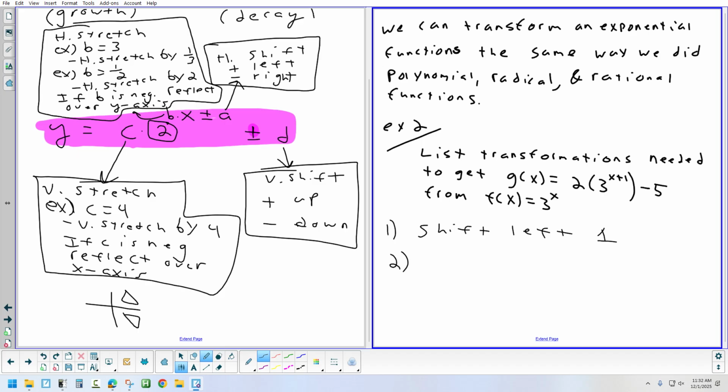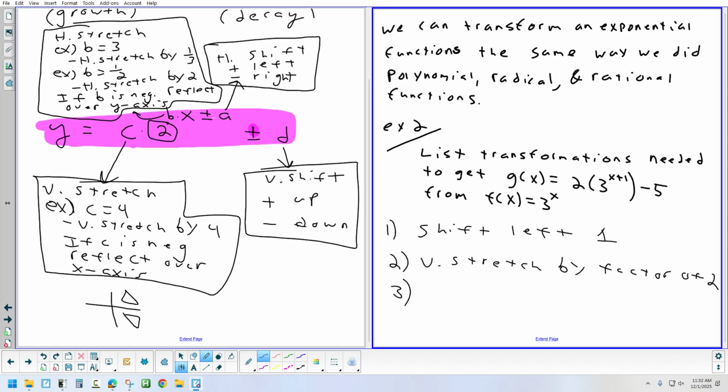Yep. And can you tell me what the 2 is going to end up doing? It's going to be a vertical stretch by 2. Yep. So that's a vertical stretch, factor of 2. And now the last number we look at is the -5. And what's the -5 going to do? Yes.